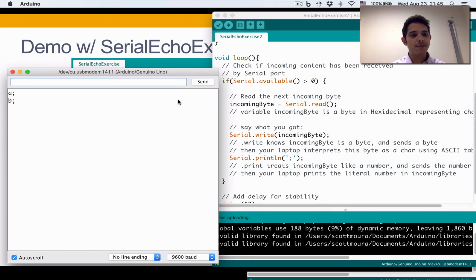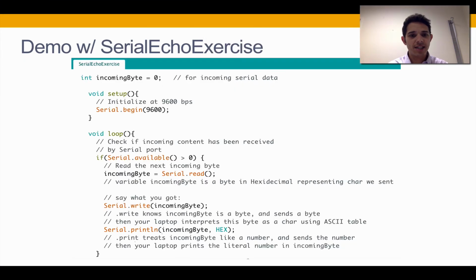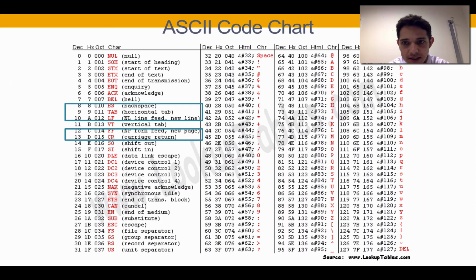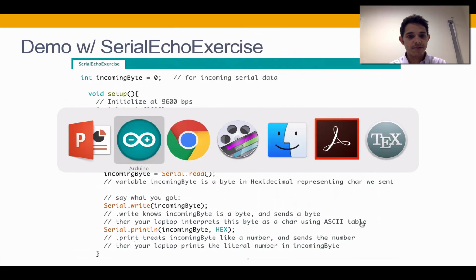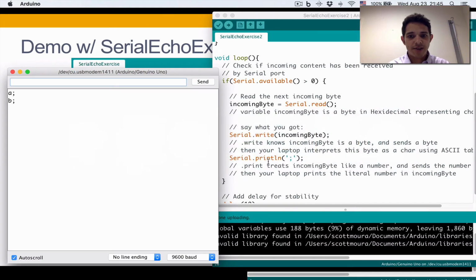So if I do B, then it'll show that on a new line. Okay. So to be clear, what's being stored in incoming byte is hexadecimal value 61, which corresponds to the character A.